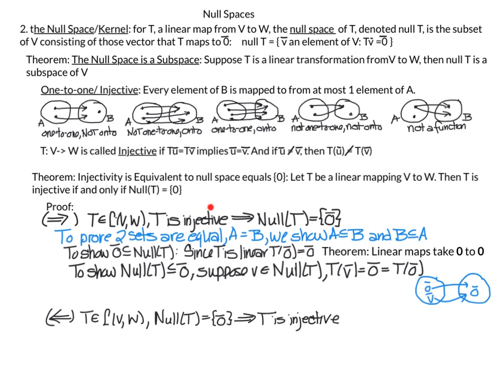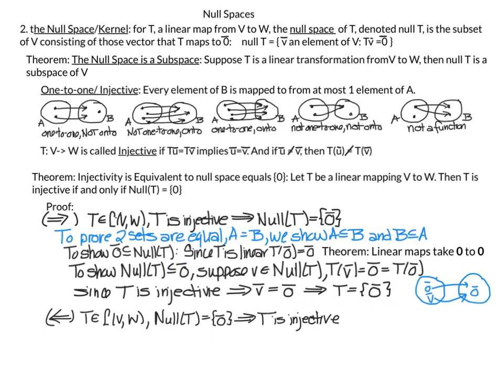But we also have that T is injective, or one-to-one, which must mean that V is equal to the 0 vector. So in other words, any vector in the null space of T is equal to 0. So the null space of T is a subset of the 0 vector, and therefore the null space of T is equal to {0}.